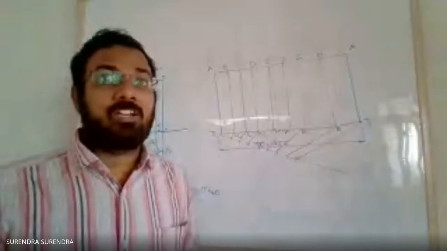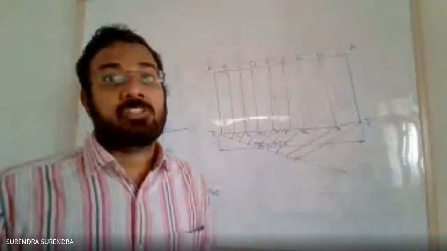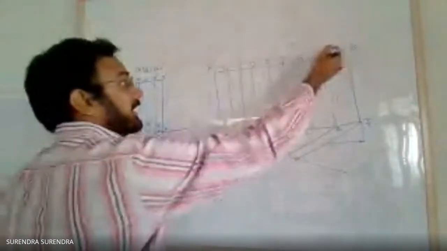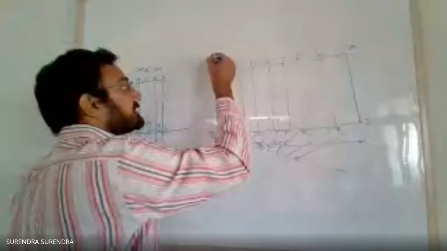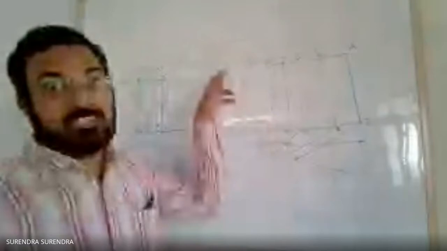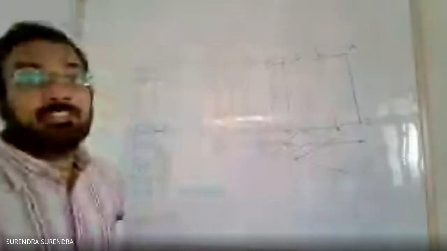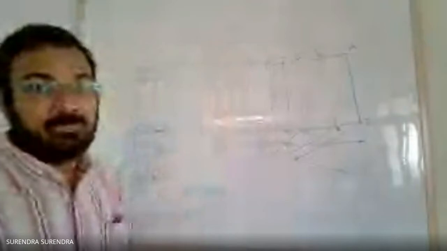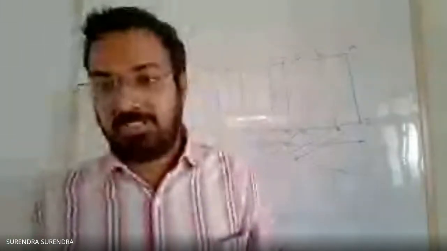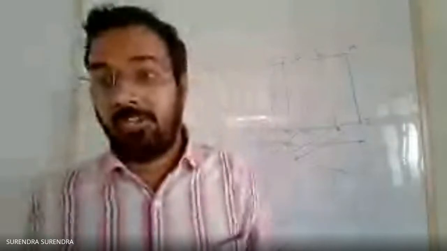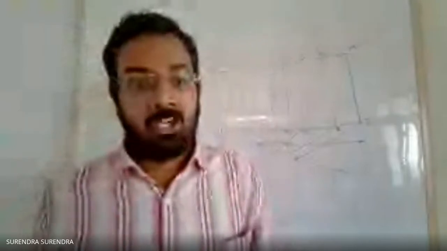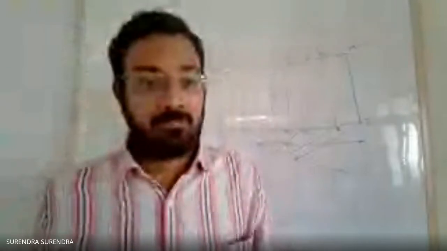Suppose you ask for the complete surface, we must also show the circle. So at any one point, draw the complete circle with radius equal to the radius of the base circle, 40 mm. So this is the way of drawing the development of a cylinder. Now move on to the third problem.